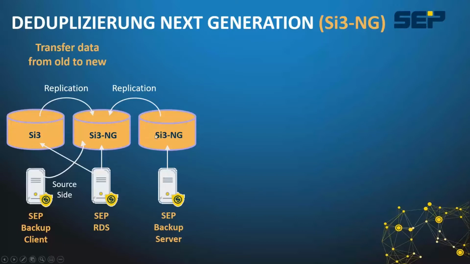And this is the same with the new one, with the NG. But it is much better if it comes to performance. Backup performance is much better, but essentially the restore, the read performance for restore and migrations, it has improved dramatically.